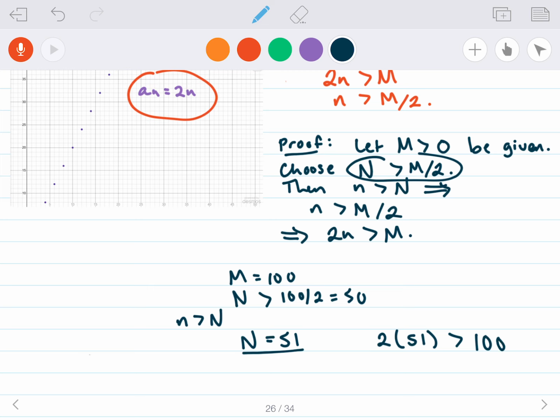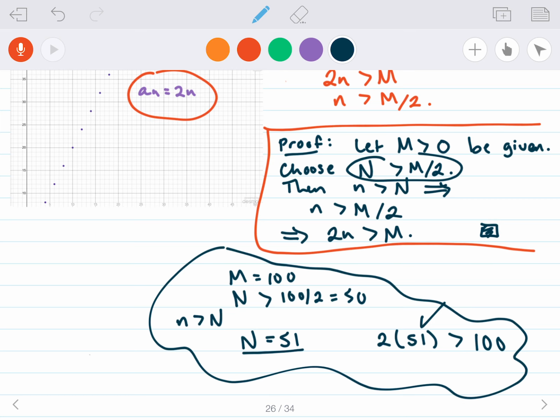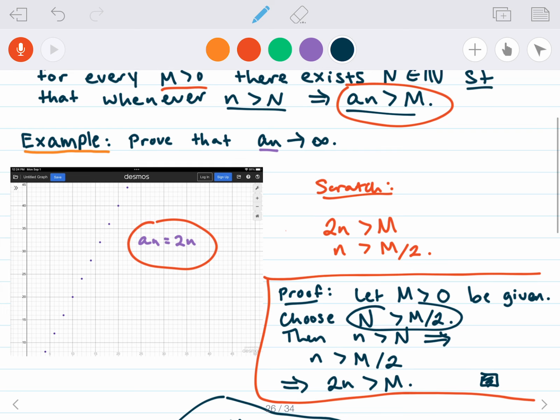And indeed, this is true. This is how I can choose my capital N. Okay, so what's in my boxed part is my proof. This is just illustrating some scratch work. But that's what it means to diverge off to infinity.